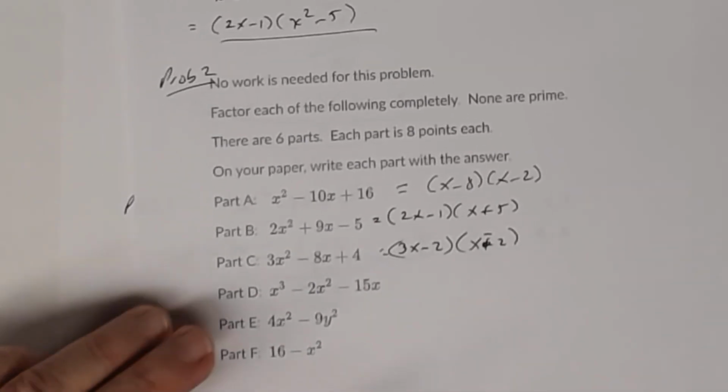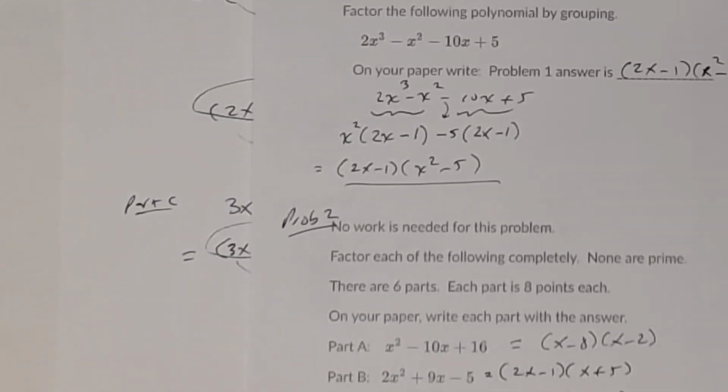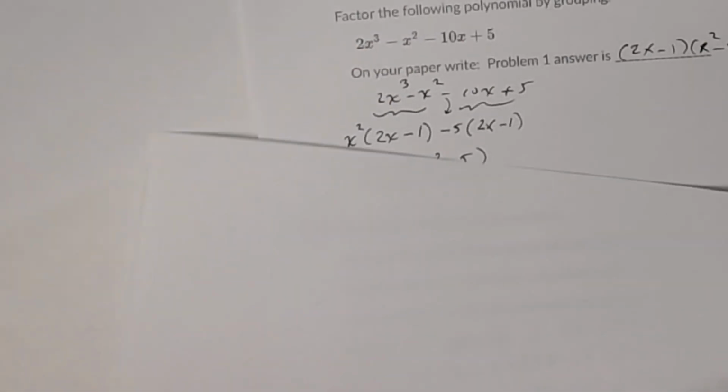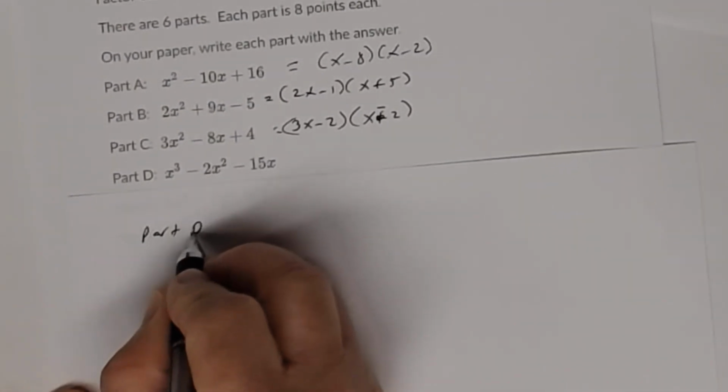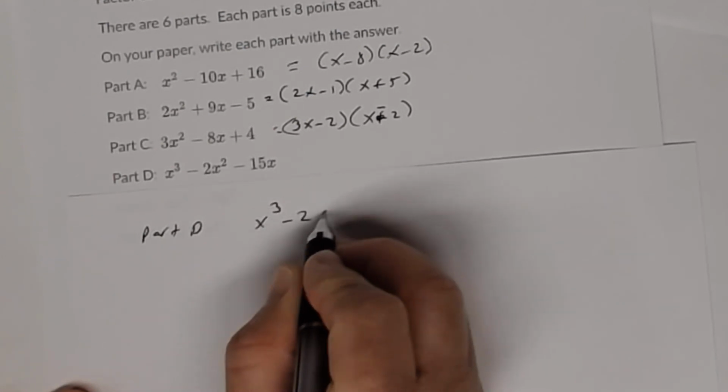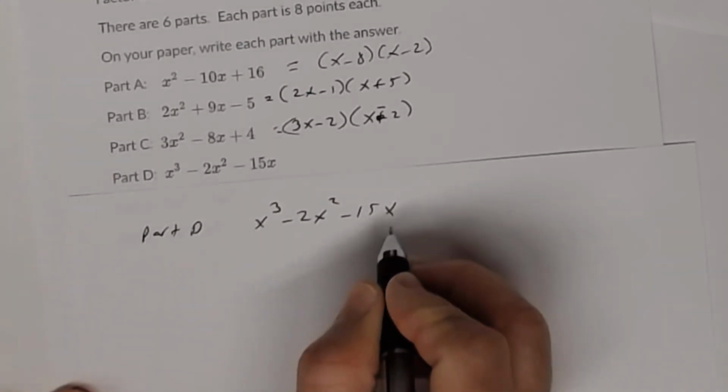All right. Now part D, we have this polynomial. So let me go ahead and write that down. We have x cubed minus 2x squared minus 15x.